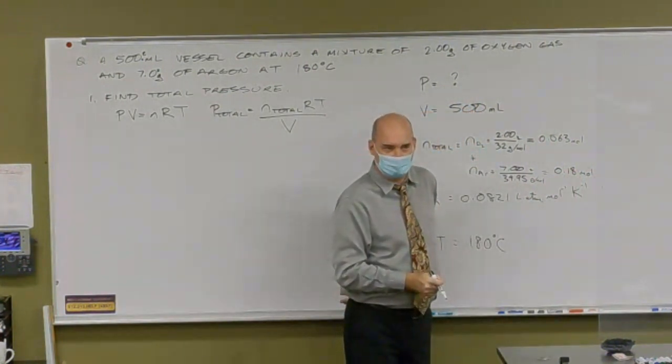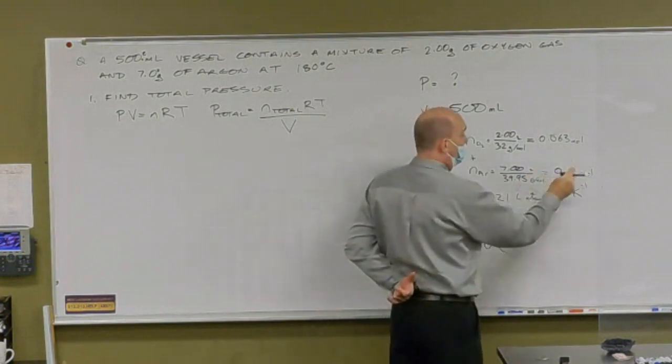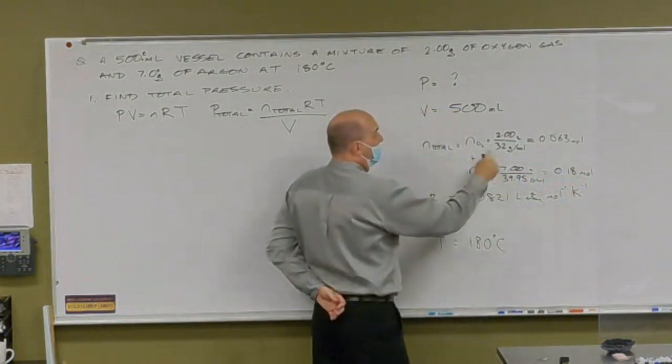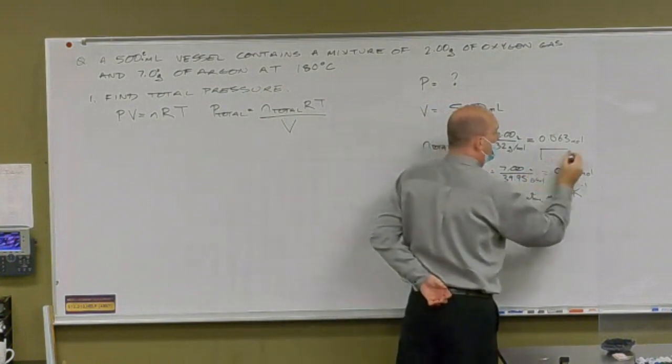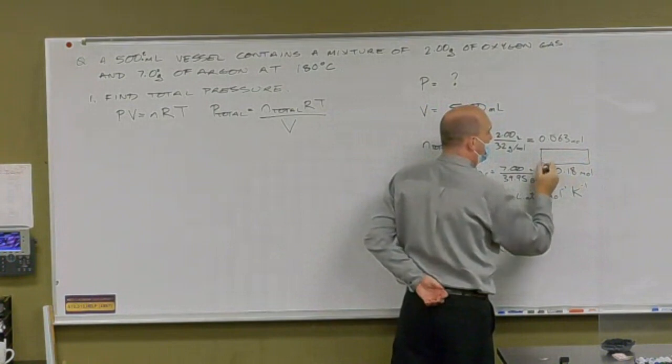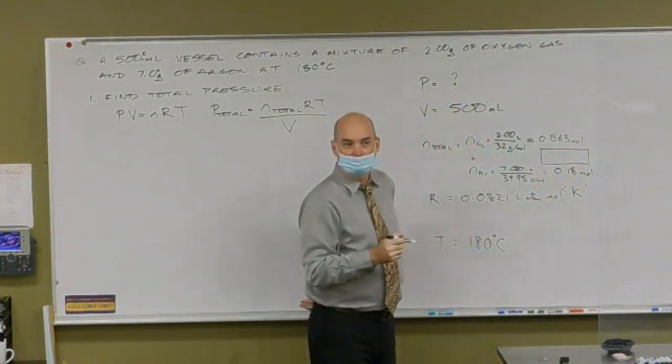Did I write down that correctly? Okay. So the total is this number plus that number. Add those two numbers together, and that gives me n total.